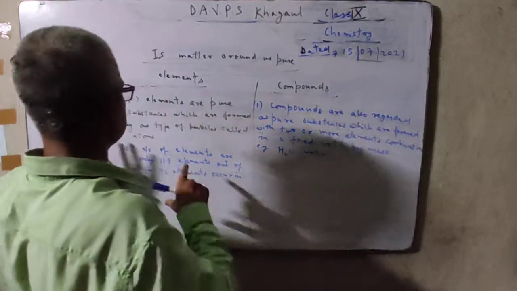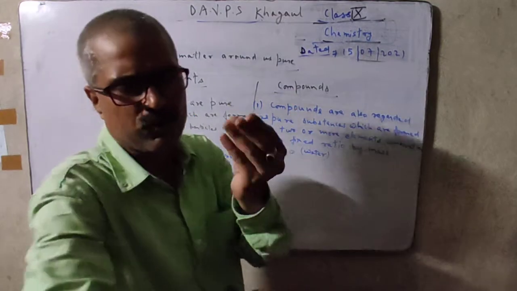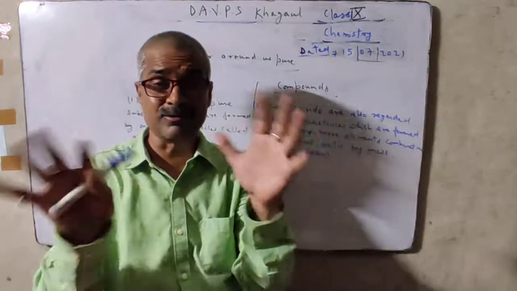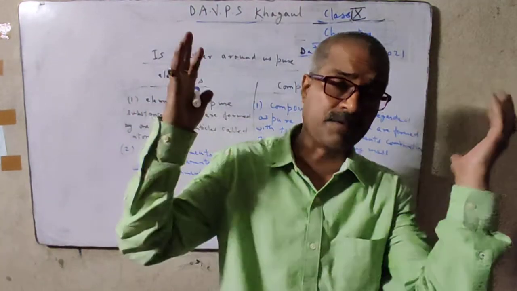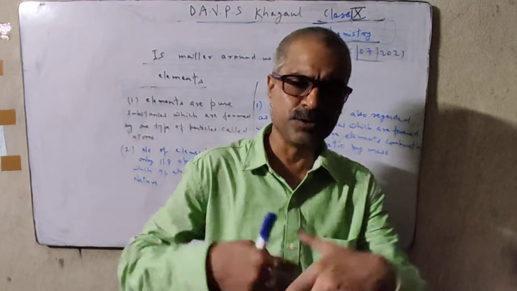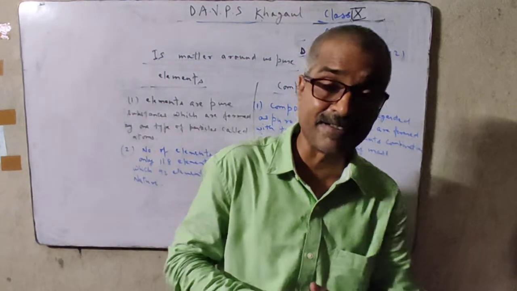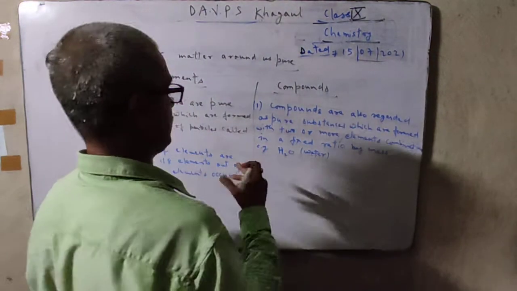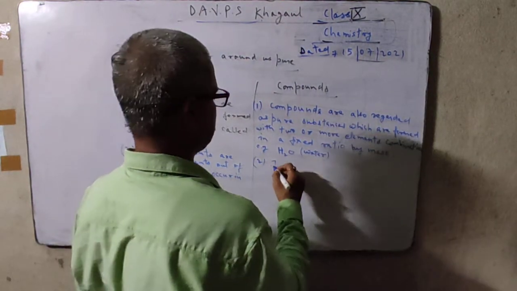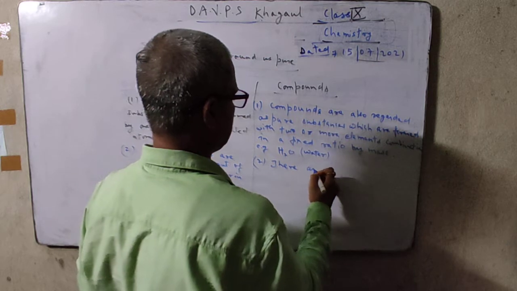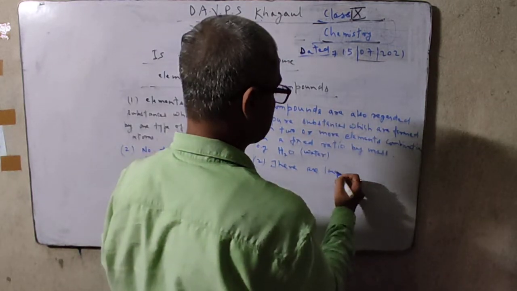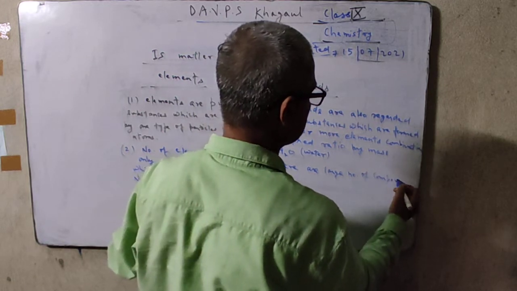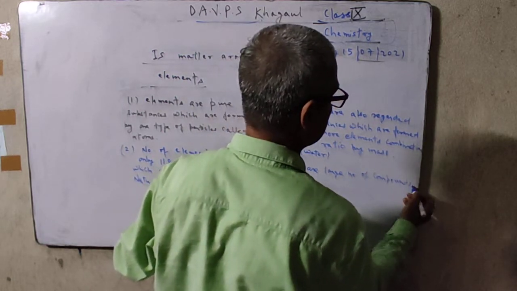So the number of elements is few, like 118 elements. But compounds are not few. There is a large number of compounds. New compounds are being made every day.